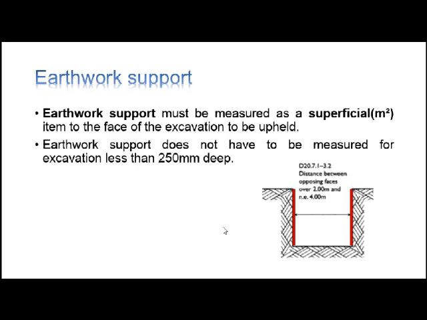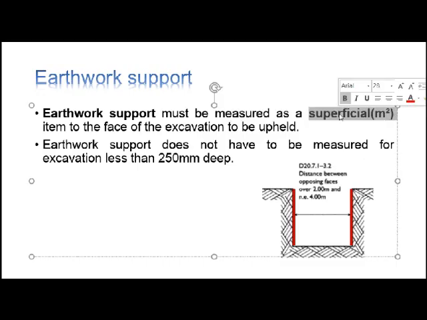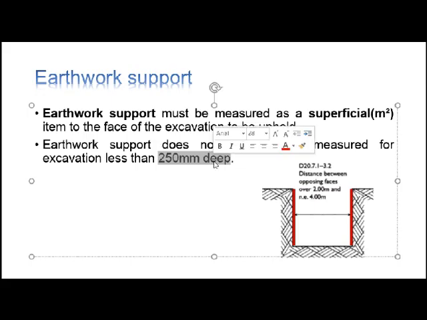So how do we measure that? It is normally measured as a superficial item. So you can refer in your SMM7. It is measured in meter square. So earthwork support does not have to be measured for excavation that is less than 250 mm deep. But if it's more than this height, your soil needs to have an earthwork support.